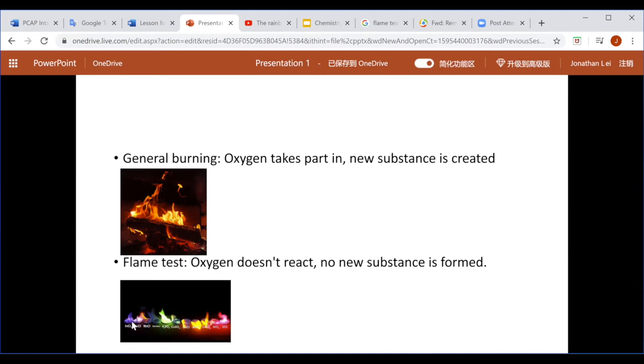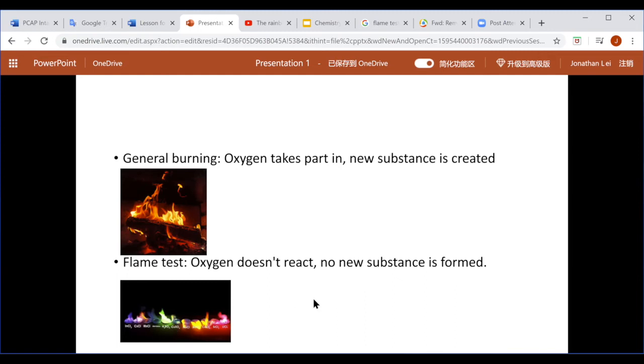And when you ignite them, the flame is not the same as this flame. In this case, oxygen doesn't react with the metals in the beaker.